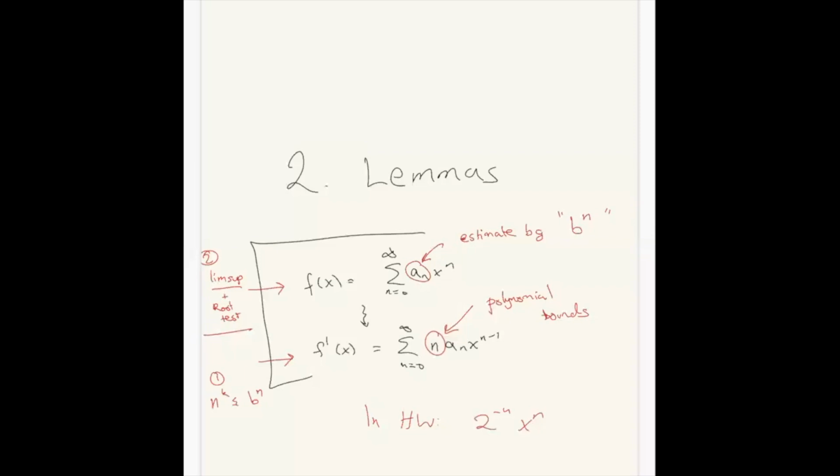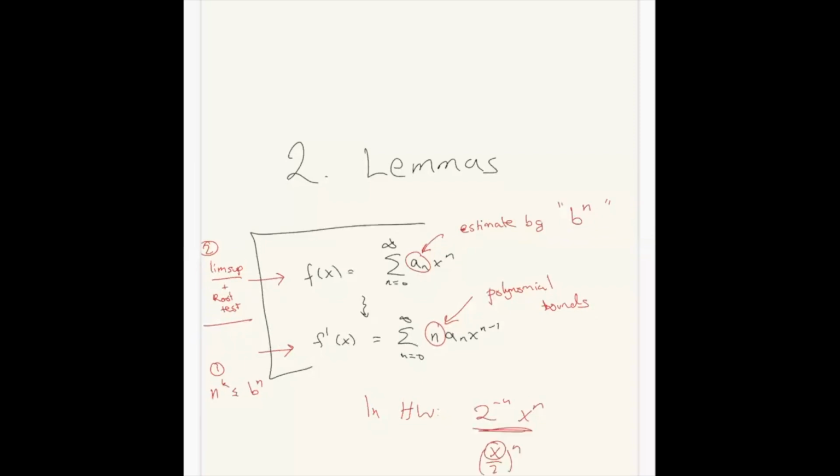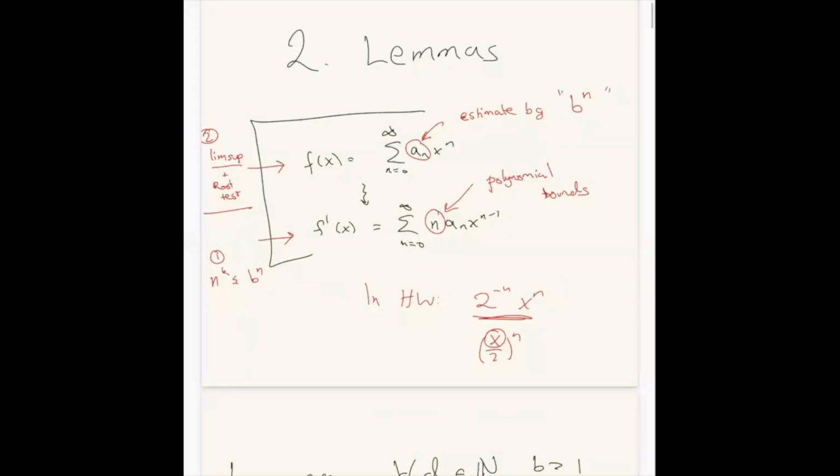So geometric series will play a role, and to get this estimate, we'll need to talk about lim sup, because that's the most general thing. Now, because we want to talk about derivatives, when you differentiate this power series, you get these powers of n there. You get n - 1 if you take the second derivative, n - 2 if you do higher order derivatives.